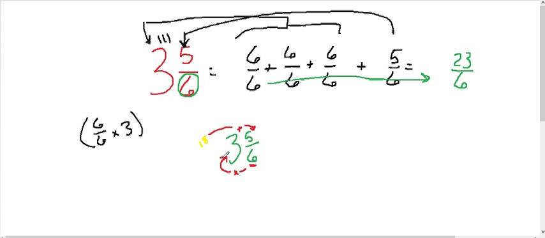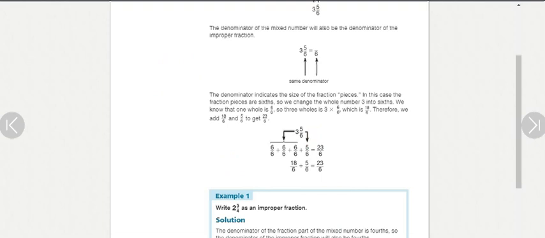Multiply, add, 18 plus 5 is 23. And then always set that on top of what you had before, right? So 23/6 is the same thing. That'll be useful for other types of problems.